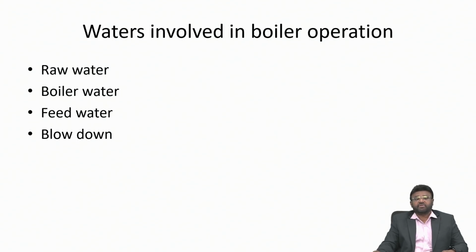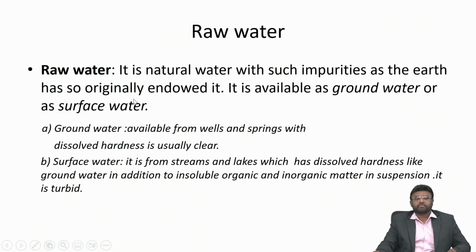Here is the list of various waters present in the boiler. We can categorize these waters in 4 ways: raw water, boiler water, feed water and blowdown. These 4 play a greater role in boiler instrumentation and boiler operation. Let us see what raw water is.